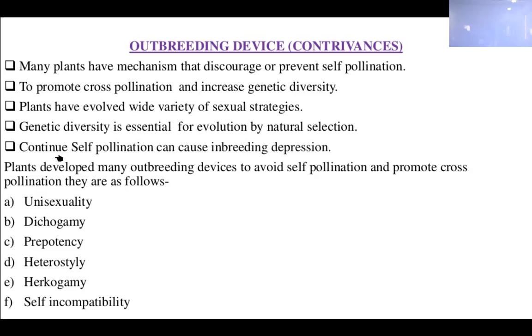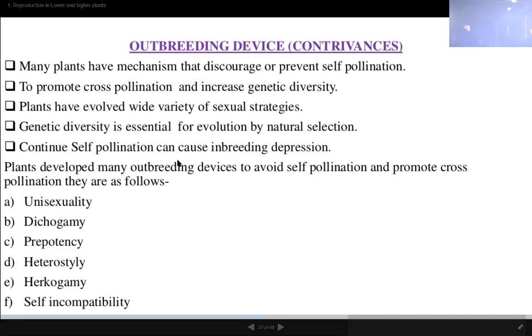I hope you are aware of the term breeding, right? Many plants have mechanisms that discourage or prevent self-pollination. Last lecture we talked about adaptations, whether it is pollination by bats or by birds. In each case we studied modification, isn't it? So many plants have mechanisms that discourage or prevent self-pollination, to promote cross-pollination and increase genetic diversity.